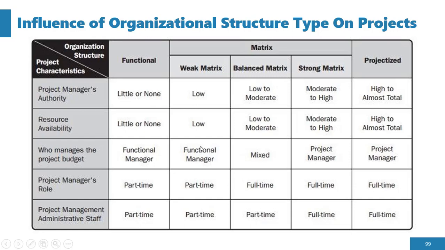For a weak matrix, they're also part-time. For a balanced matrix, also part-time. But for a strong matrix, they are full-time. And for a projectized organization, the project management administrative staff are also full-time. Okay, so that is the organizational structure and how it influences your project in a nutshell.